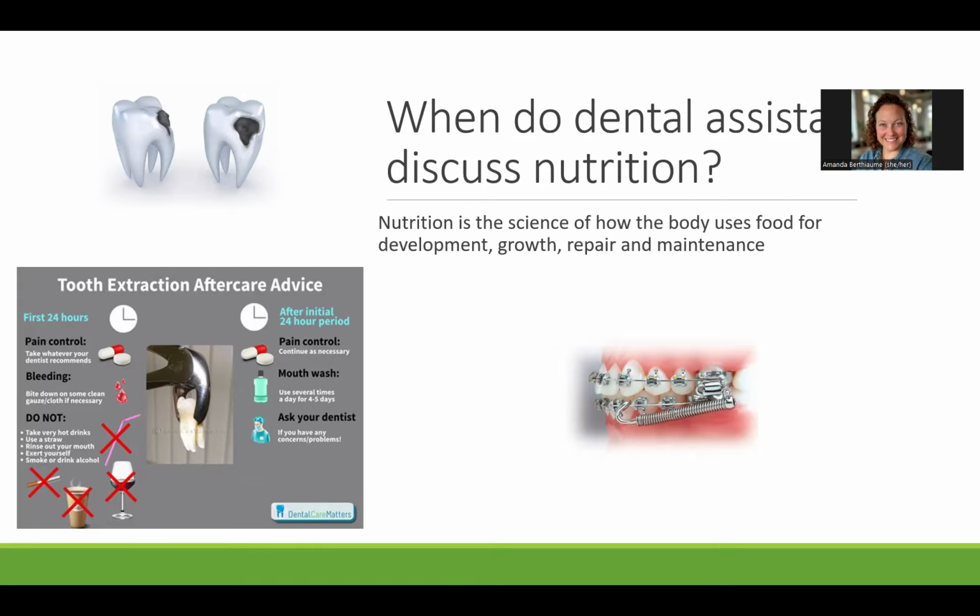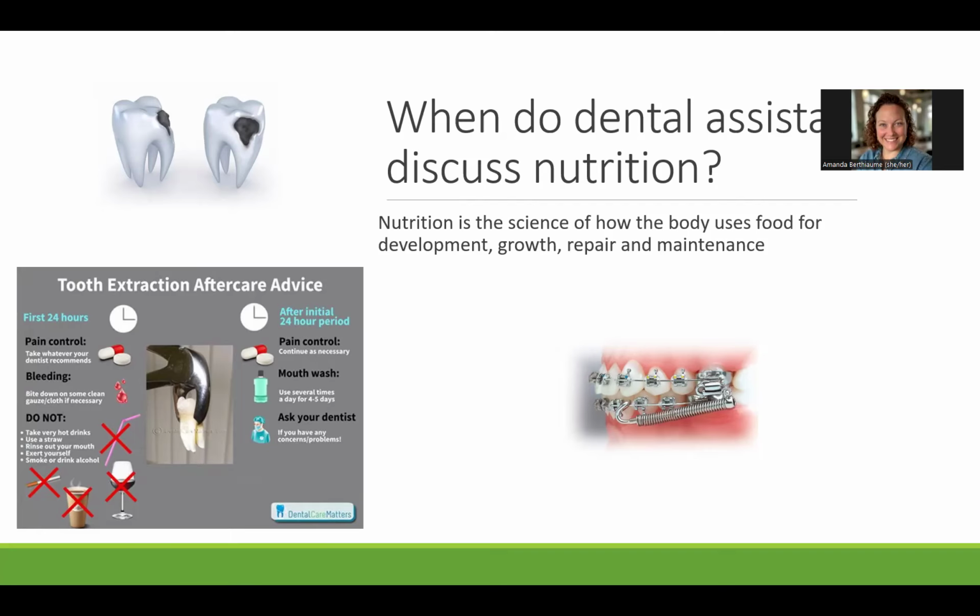And a lot of times when the patient has an extraction, or has scaling and root planing, or you can see even here, just think about the teenager, the person that's in braces, people who are missing teeth, how their nutrition can be affected.